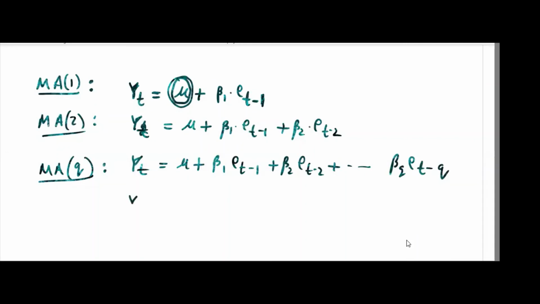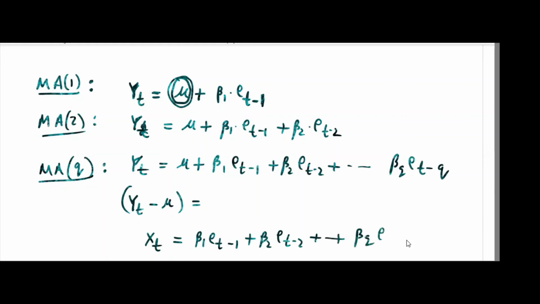So what I can do is take mu to this side, and I can take this as x t. Then x t will be beta 1 e t minus 1, beta 2 e t minus 2, up to beta q e t minus q, and plus that e t part should be there everywhere. This is the stochastic part, this is the deterministic part.